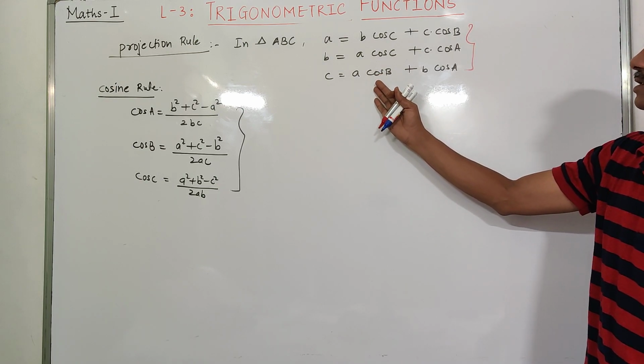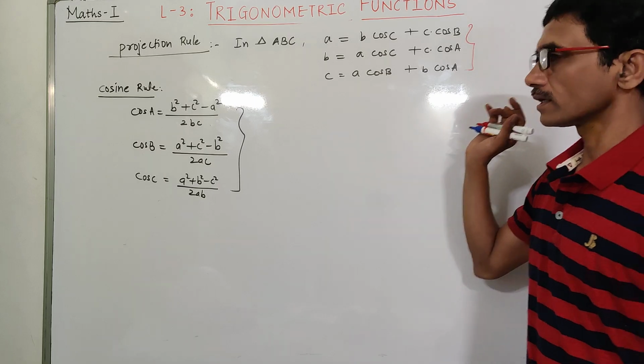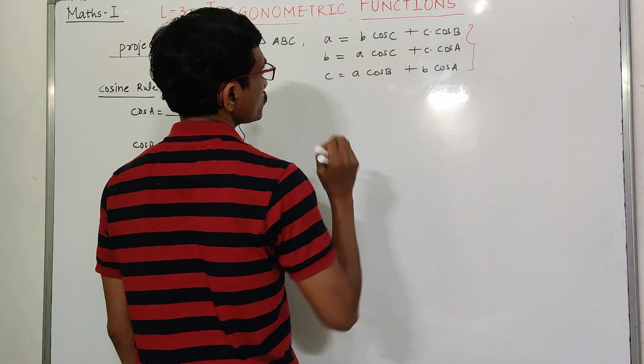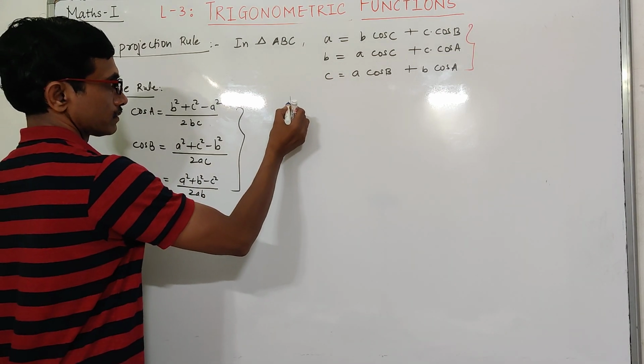So to prove this, let us consider the right hand side and we can put the cosine rule over here. So we can easily show the left hand side. Look at the right hand side.